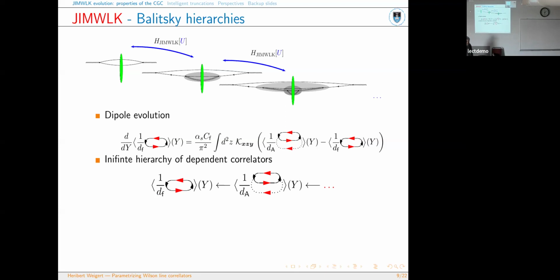Unfortunately, that turns into an infinite hierarchy. If you look at the equation for the thing with three Wilson lines, you find contributions with 4. The ones with 4 are fed by something that has 5. It doesn't terminate at all. So that's uncomfortable, right? At leading order, there are numerical ways of getting around this using a Fokker-Planck description of this.